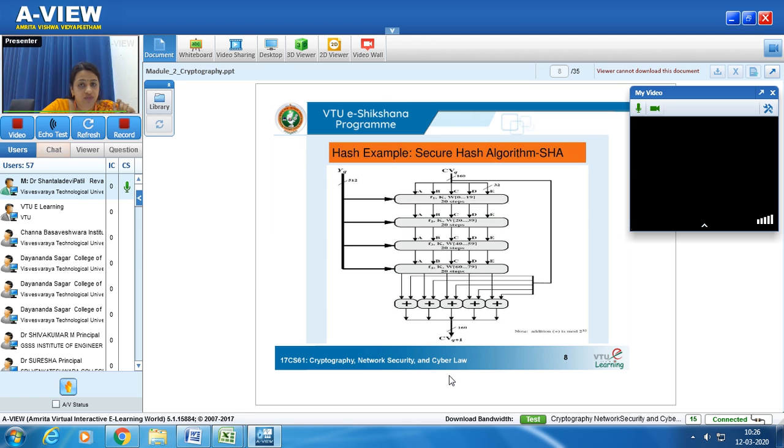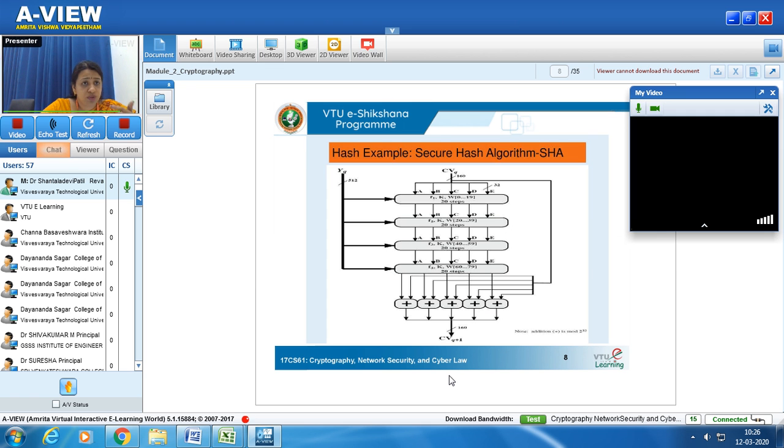And then we have the third stage, wherein it involves again 20 rounds with the function applied over the registers B, C and D, or S2, S3 and S4, which is F3.